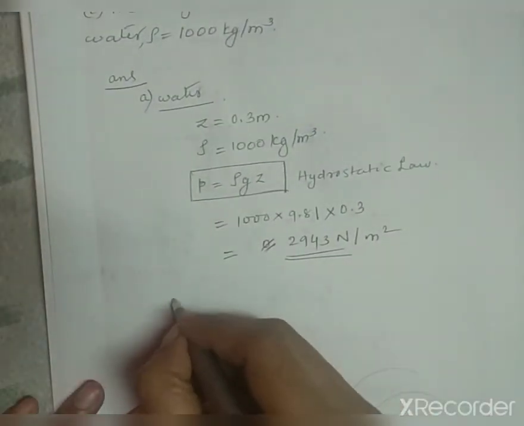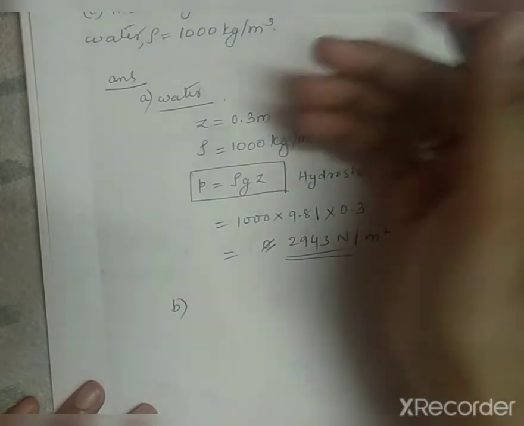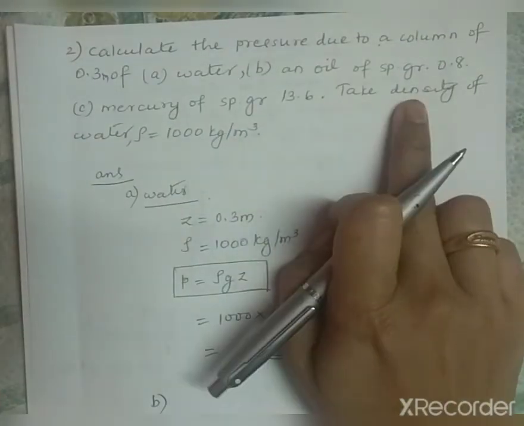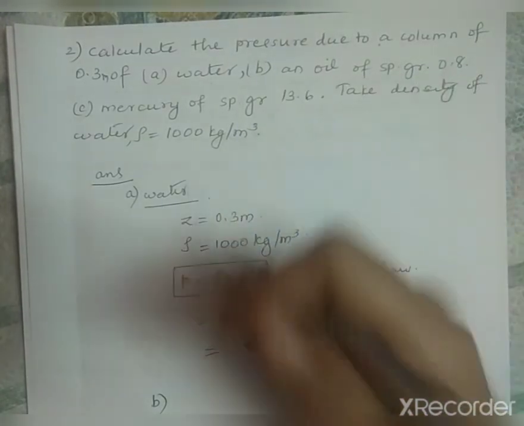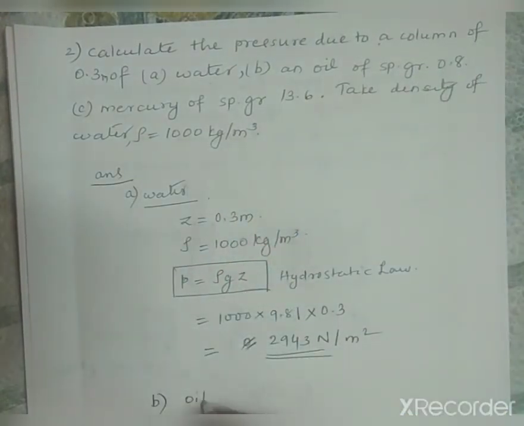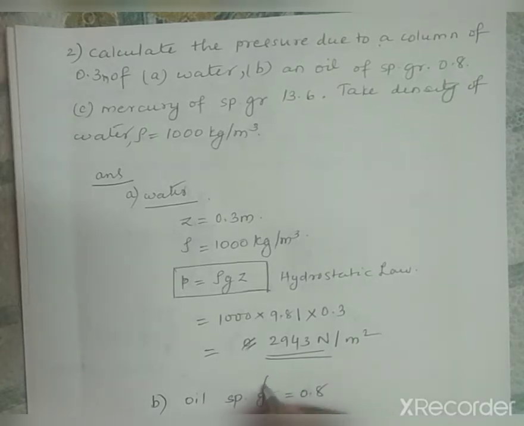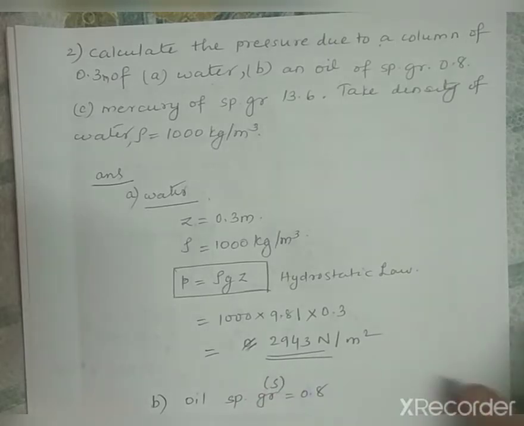Next part is 0.3 meters of oil of specific gravity 0.8. So S is equal to 0.8.